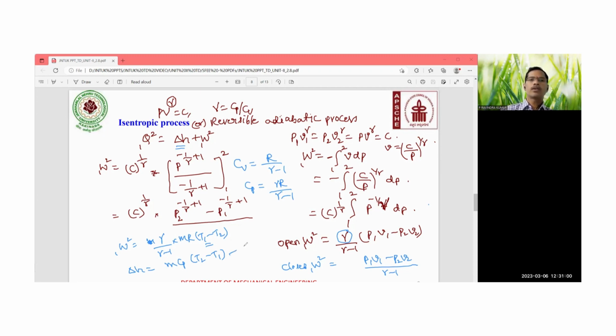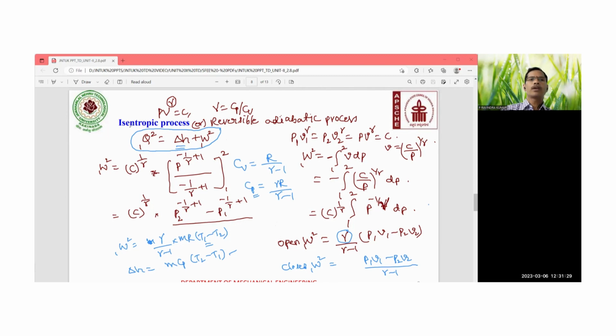Try to work it out for the heat flow rate. I have given enough information, whether you apply gamma by gamma minus 1 into MR T1 minus T2, and delta H equal to MCp T2 minus T1, where Cp is equal to gamma R by gamma minus 1. Finally, work out the expression.